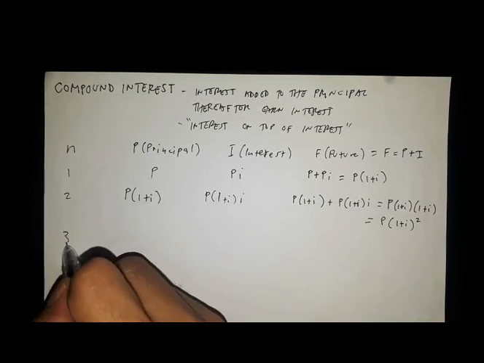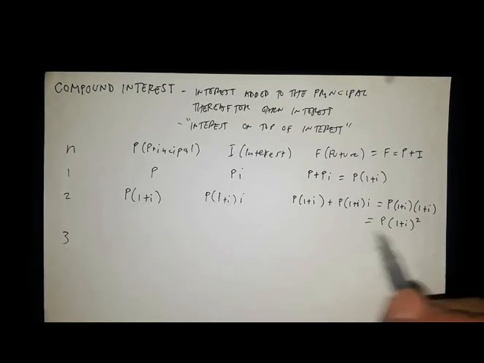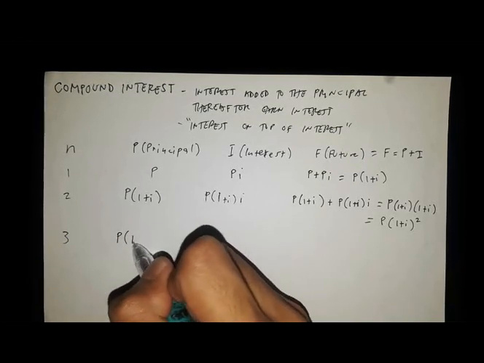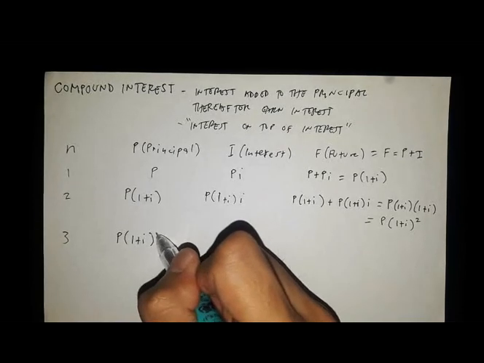Now for the third period, your P here will be the computed future amount for the second period, P times 1 plus I squared.